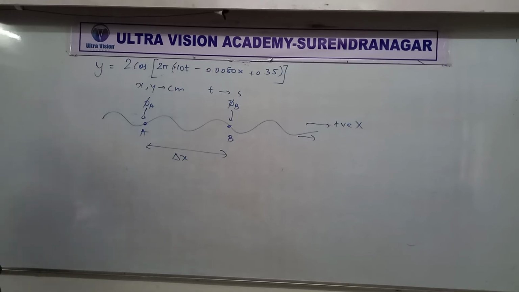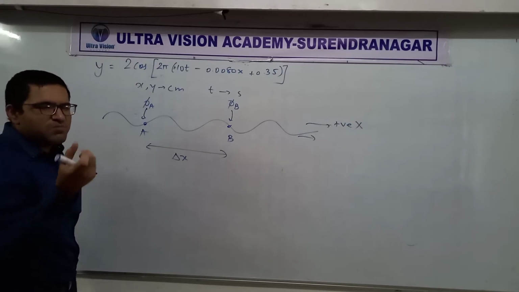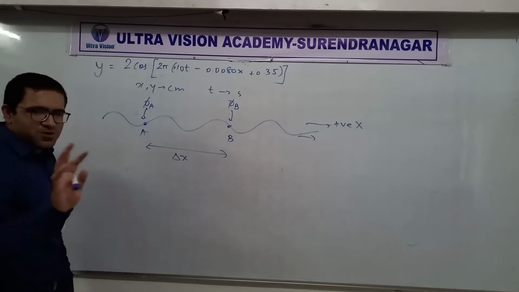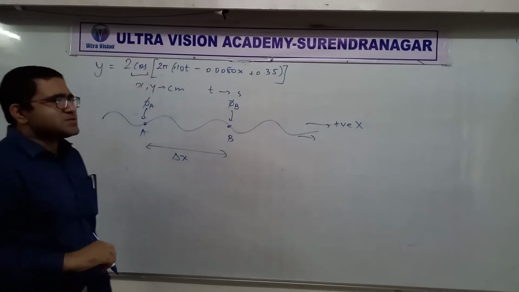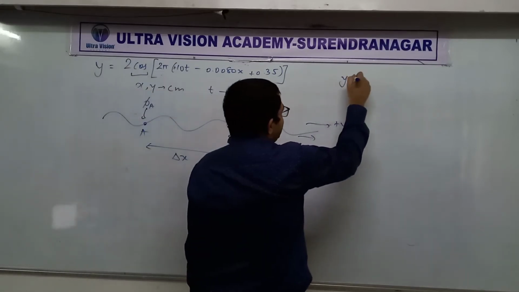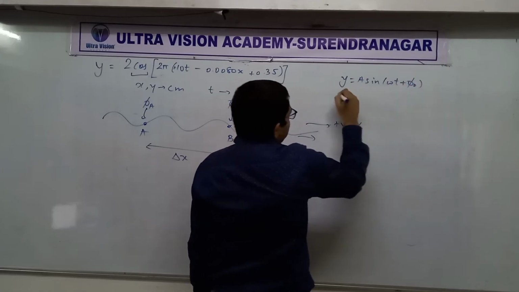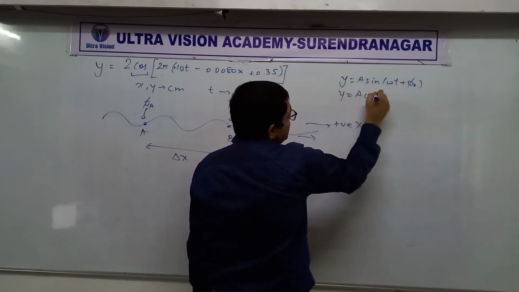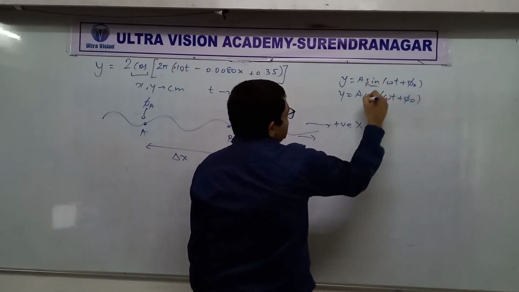Now let's analyze the equation. Some things might be troubling you by looking at the equation. Don't worry, let me explain everything. First of all, cos is given instead of sine. Is that a problem? No, because just like the equation of simple harmonic motion, we used to write it like this, or you can also write it in this form. Do you remember?